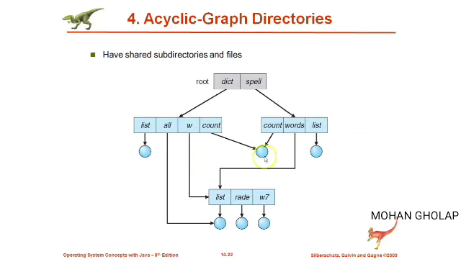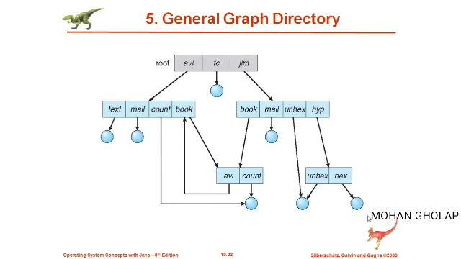Here you can see this particular file is shared by this directory and this directory also. Similarly, this particular entity is shared by these directories also. Here we don't have any cycle. This looks like a graph, so that's why it is called acyclic graph directories.